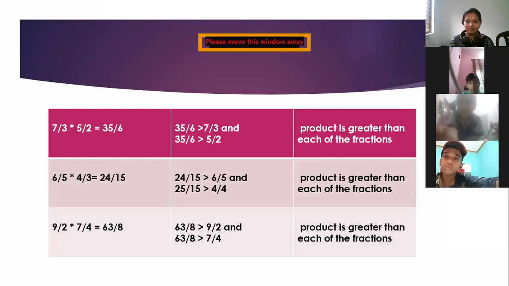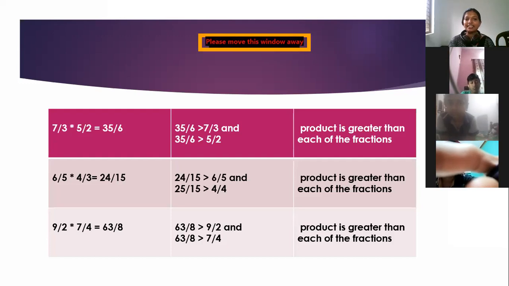In our second column it is given as 35 by 6 is greater than 7 by 3 and 35 by 6 is greater than 5 by 2. That is, the product is greater than each of the fractions.